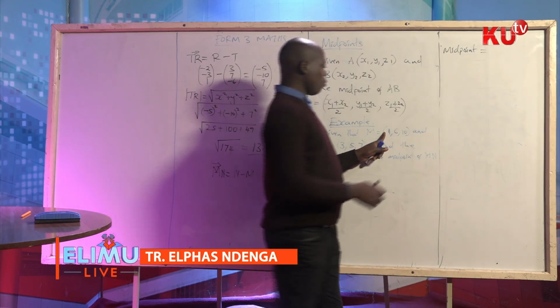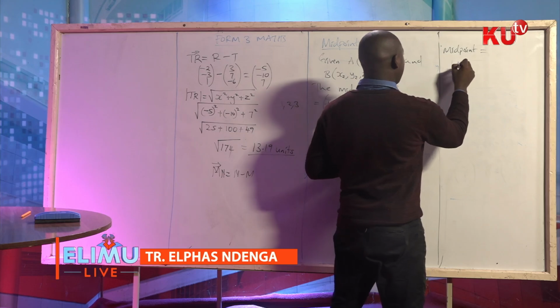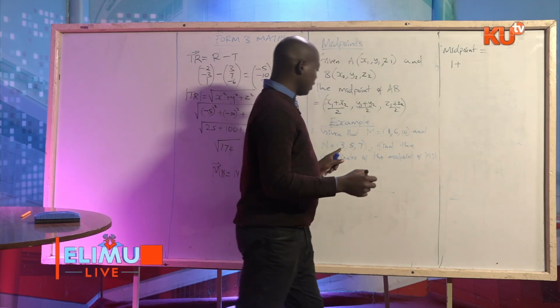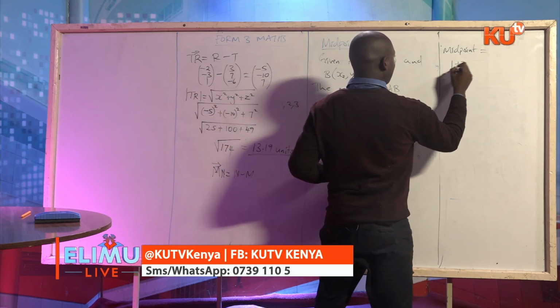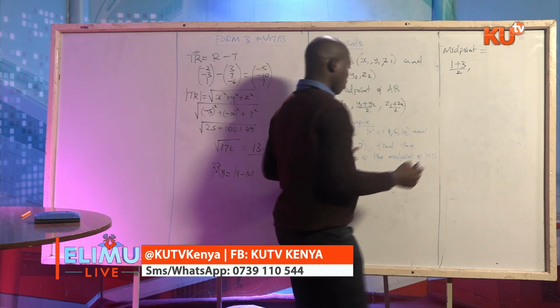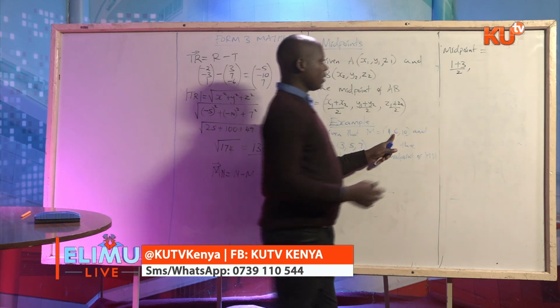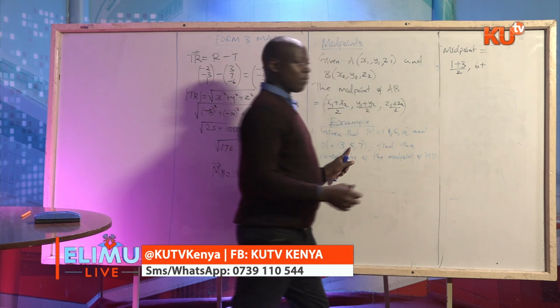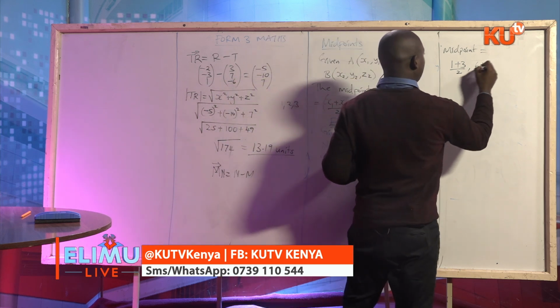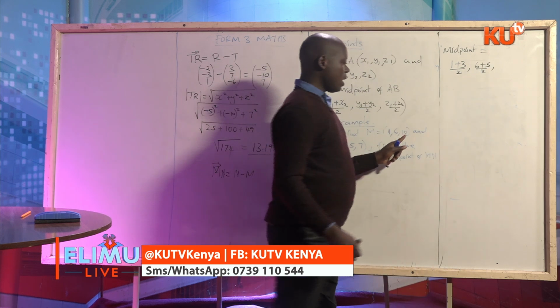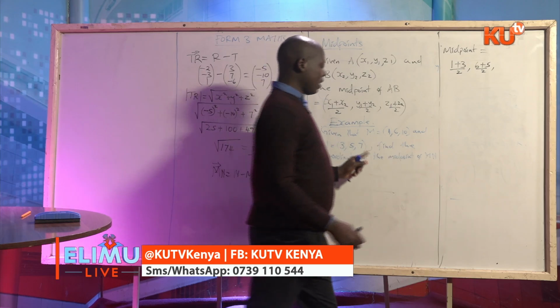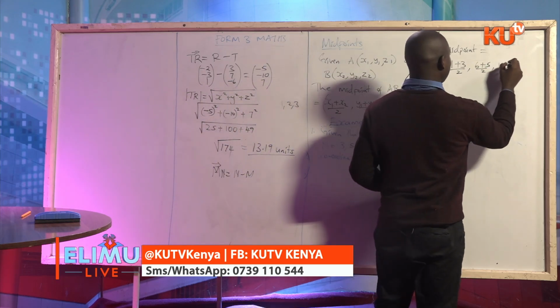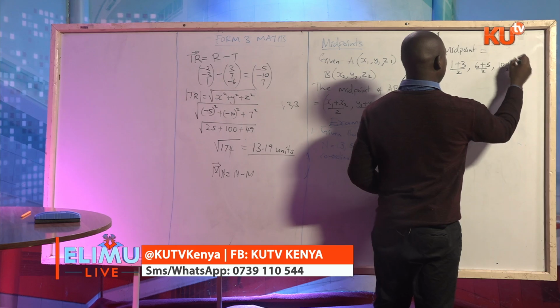X1 is 1, X2 is 3, divide by 2. Y1 is 6, Y2 is 5, divide by 2. 10 plus 7, divide by 2.